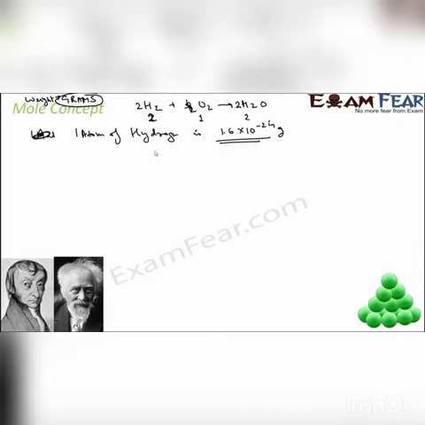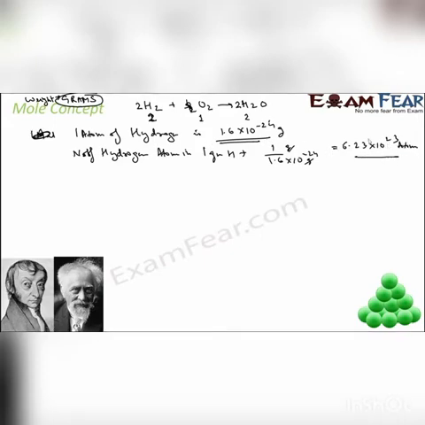So with this calculation, if the weight of 1 atom of hydrogen is this many grams, the number of hydrogen atoms in 1 gram of hydrogen will be how many? 1 by 1.6 into 10 to the power minus 24, that is 1 gram by this gram, gram cancels. Solve this, you get 6.2 into 10 to the power 23 atoms. So 1 gram of hydrogen will have these many atoms.